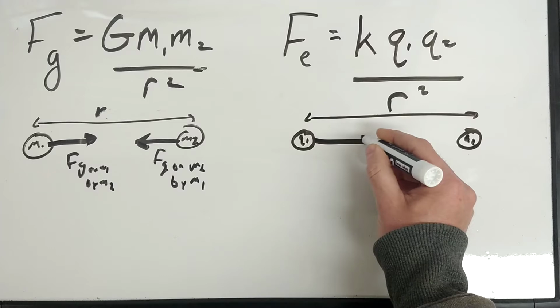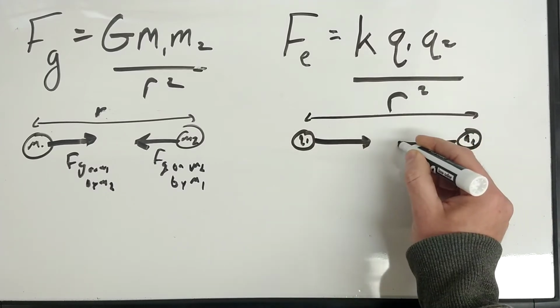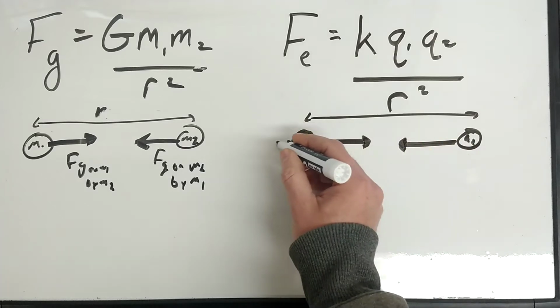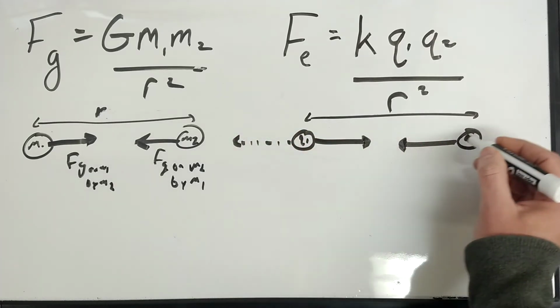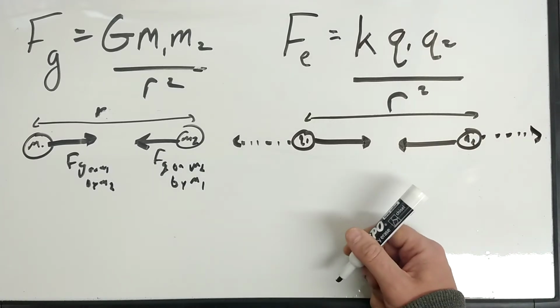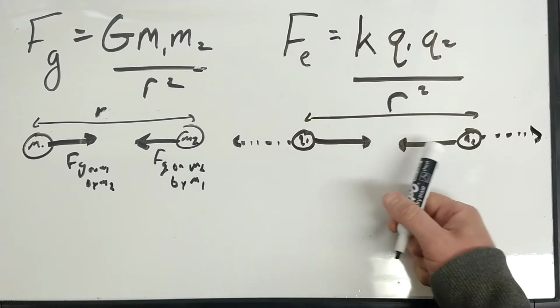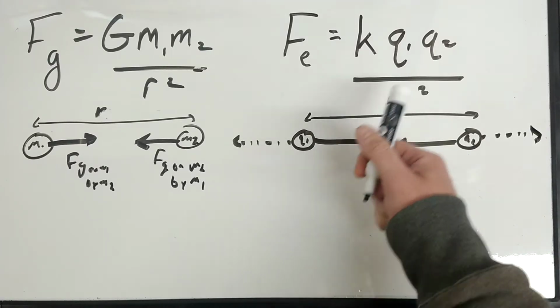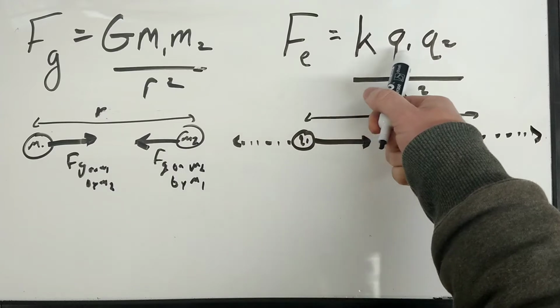But the key here is that the electric force acting between them can be attractive or repulsive, right? That's the trick here, and that depends on what the signs on these charges are. We don't put the sign of the charge in this calculation.